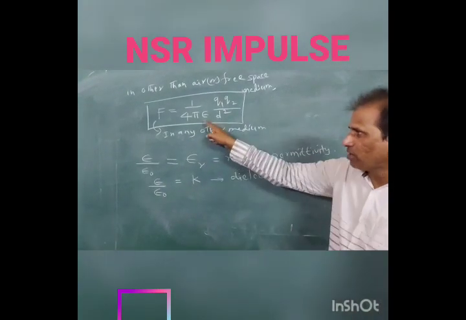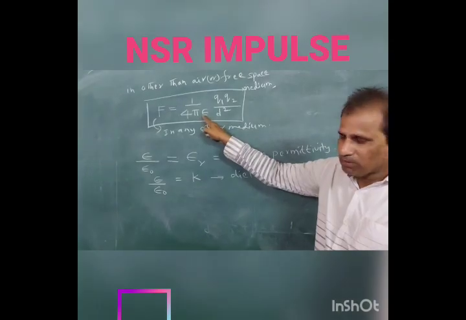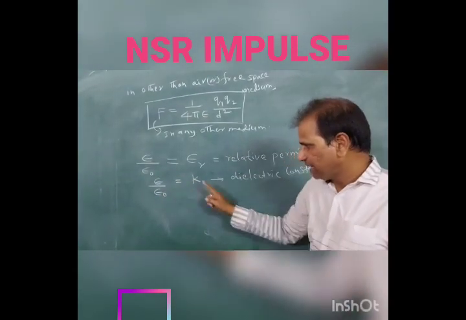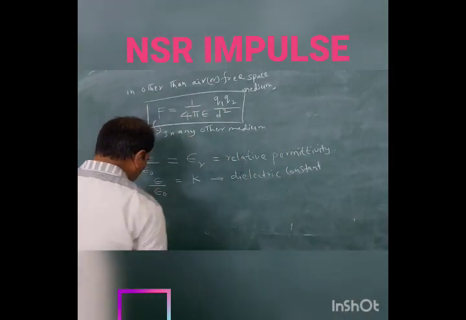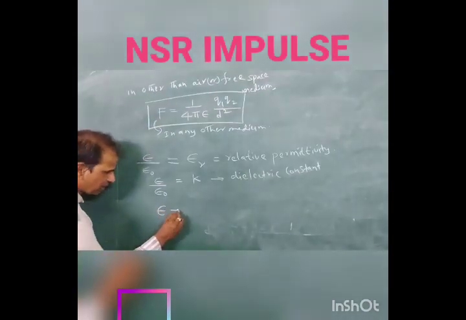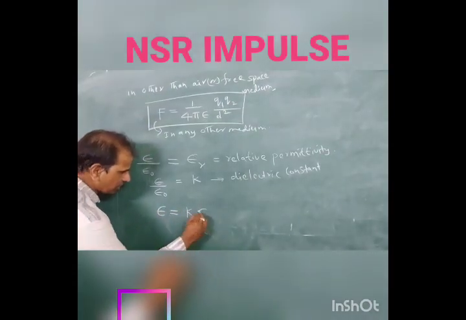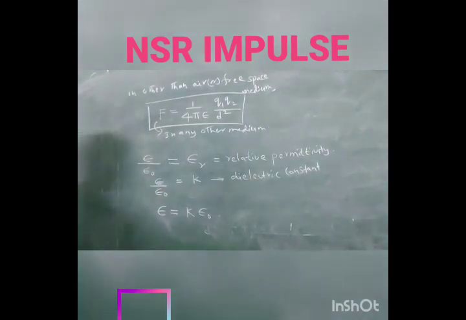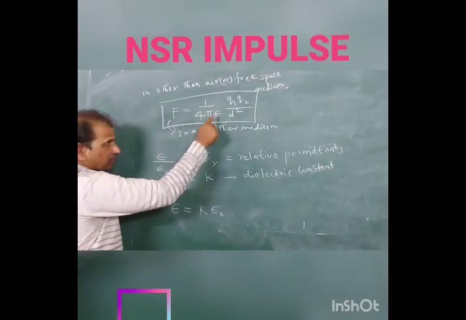That means in this formula you can replace epsilon with K epsilon naught, or epsilon naught r. So let us write epsilon is equal to K epsilon naught. Substitute this epsilon here.